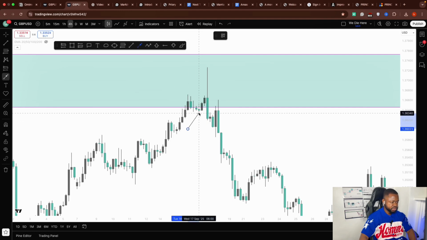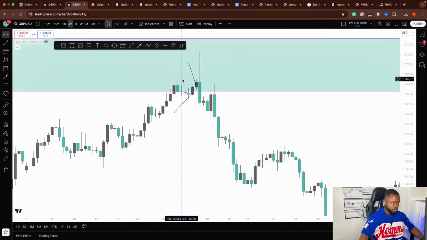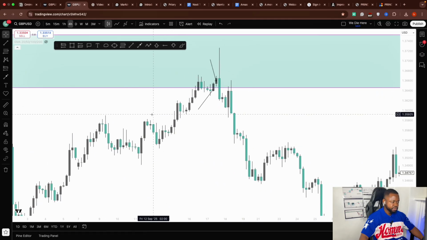Then we have the doji. Dojis are of different variations. We have a doji here. What shows you that this is a doji? We have the high, we have the low, we have the body in between. But you can see this normal candlestick is almost filled up. This is a doji, this is a doji.